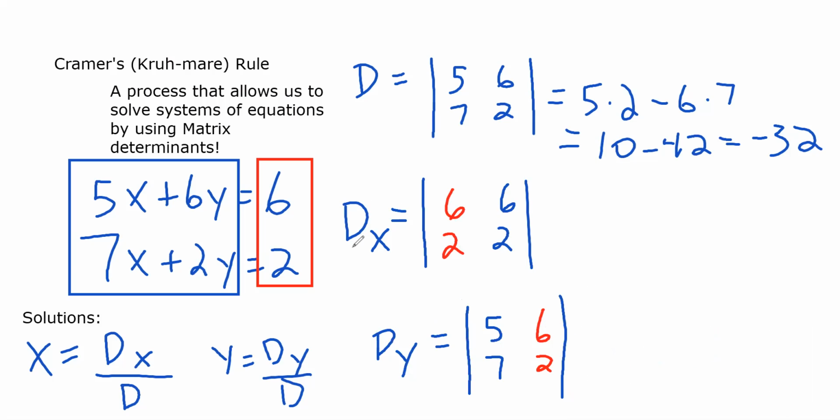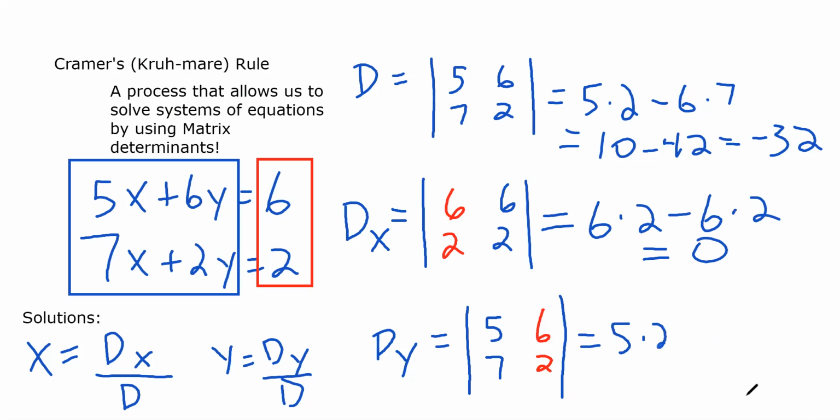Now let's compute the DX determinant. It'll be 6 times 2. We go along the first diagonal minus, then we go along the second diagonal. Hey, it'll just give us 0. That's okay. Finally, the DY determinant will just be along the main diagonal, 5 times 2 minus 6 times 7. By coincidence, it's the same computation as the D determinant.